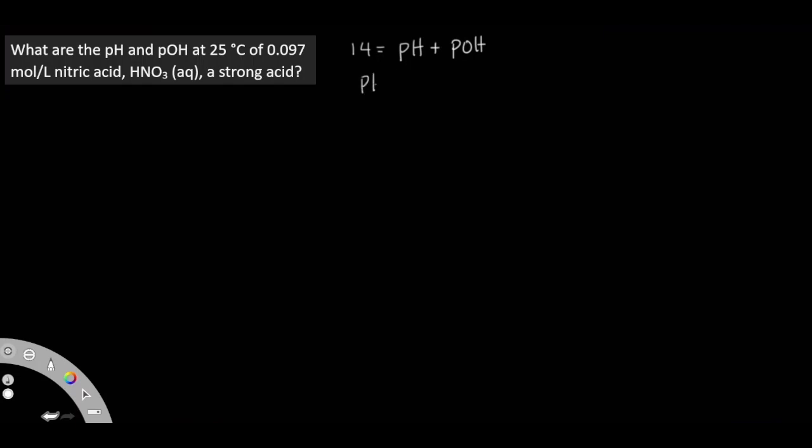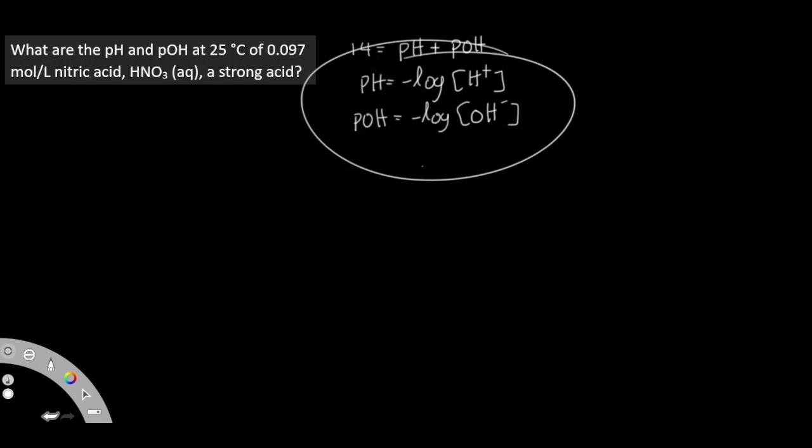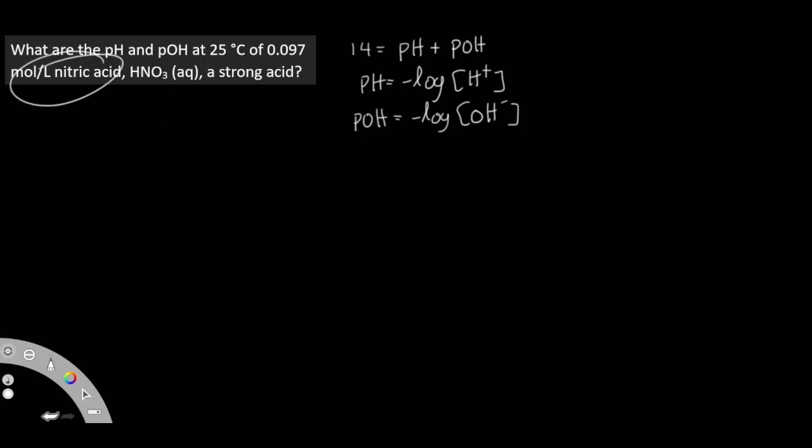Well, we know pH is equal to negative log H plus, and we know pOH is equal to negative log of the hydroxide. So out of these different formulas, what do we need to be using? Well, we know the concentration of our nitric acid is 0.097. I'll just put here on the side 0.097, all in moles per liter.